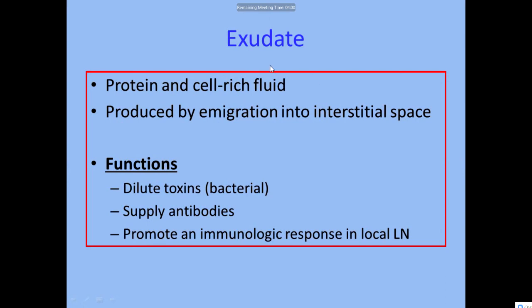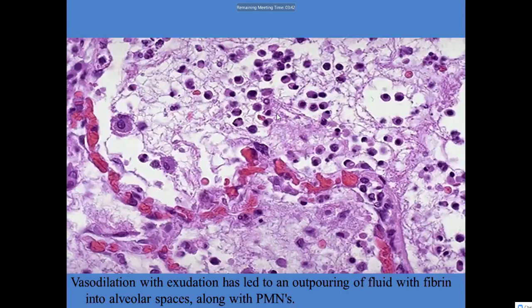This is nothing but exudate. The protein content is more than 3 grams per deciliter. Its functions: it dilutes the toxins, supplies antibodies, and promotes immunologic response in the local lymph node. The local lymph node will enlarge.